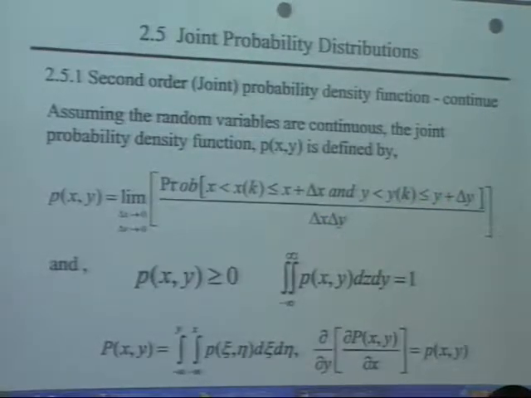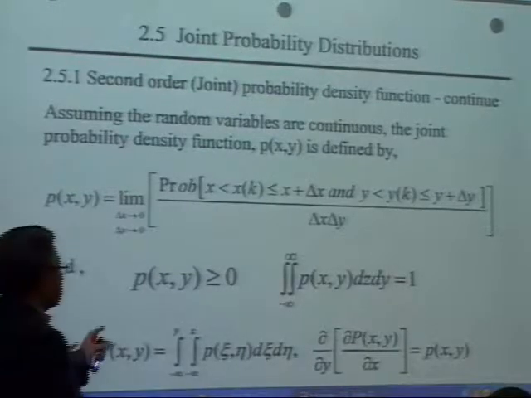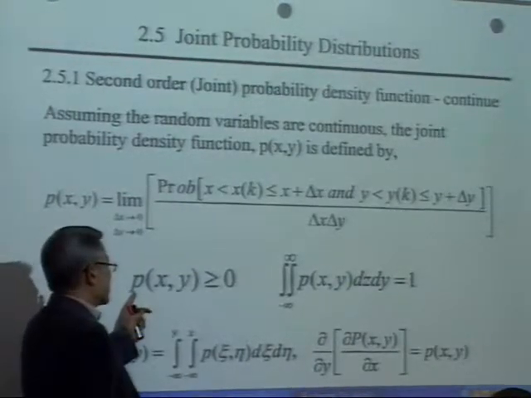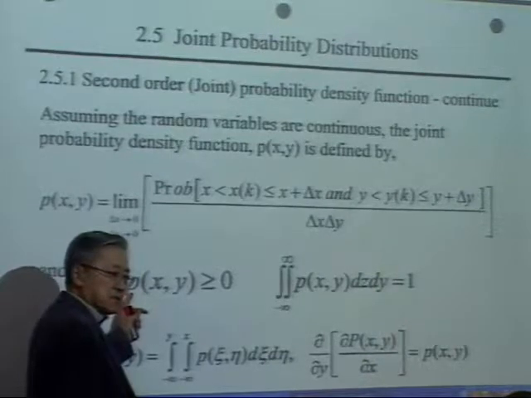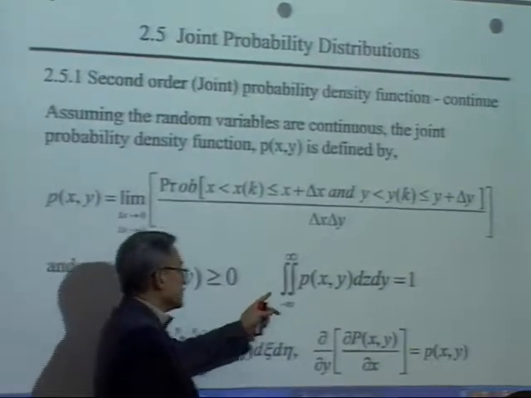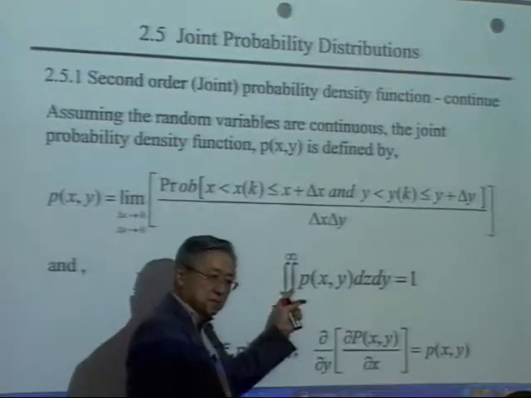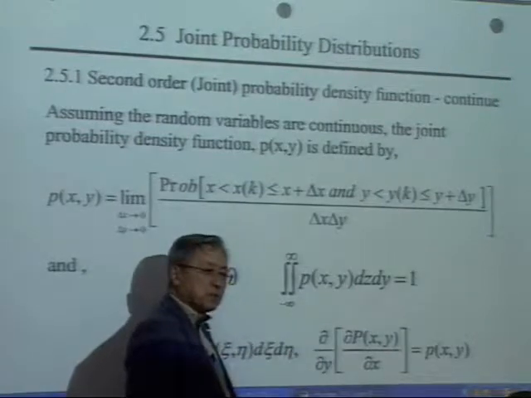So, clear definitions. And the probability density function is always positive or 0. The whole volume under the probability density curve is 1.